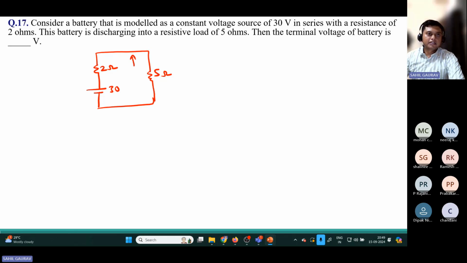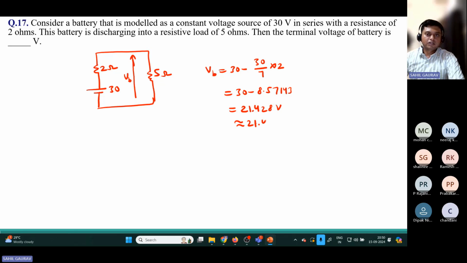It is asked, the terminal voltage of the battery. So terminal voltage of battery will be 30 minus current, which is 30 upon 7, into 2. So it will be 30 minus 8.57143, which is 21.428 volt. So it is 21.43 volt.